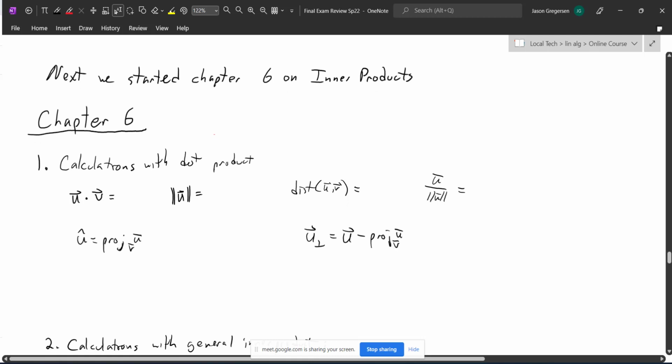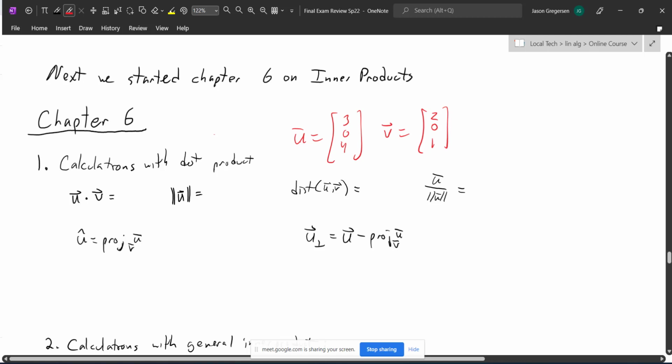which talked about the dot product and the more general calculation, the inner product. So as we started this chapter, one of the most important pieces are core calculations. So for instance, given some vector u equal to, say, 3, 0, 4 and some vector v equal to 2, 0, 1, we should be able to calculate all these pieces.